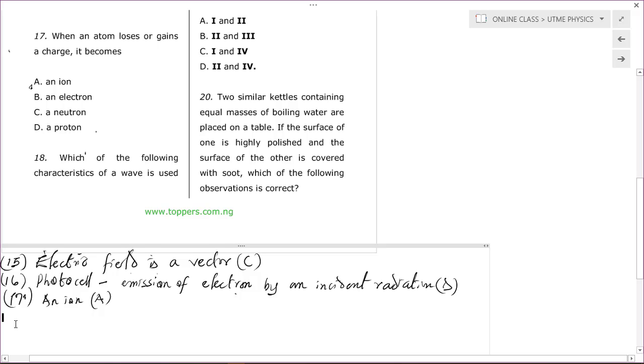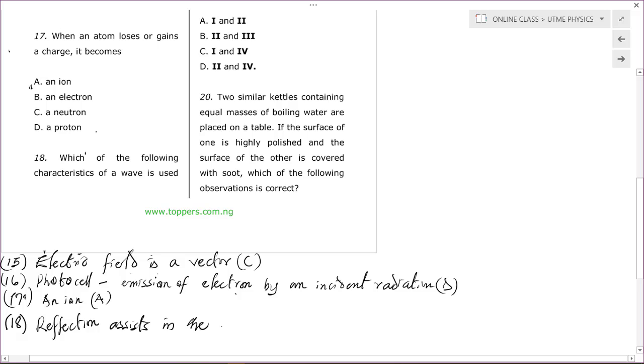So reflection assists in the measurement of the depth of a sea. So what is used there really is reflection.